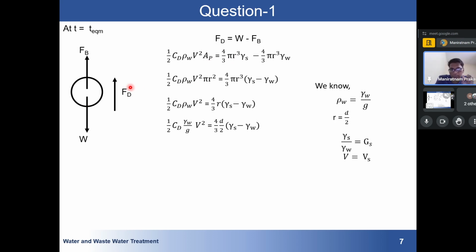If you are trying to derive this equation for what the v will be, then you have to assume one thing: suppose a cuboid has length a, then volume will be a cube, and that will be equal to 4 by 3 pi r cube. So you must write a in terms of r. From there a will be (4 by 3 pi) to the power 1 by 3 into r.